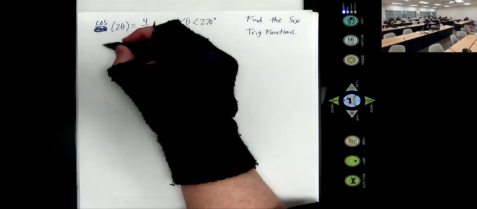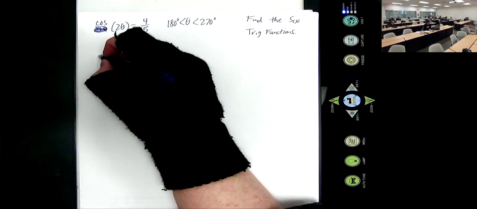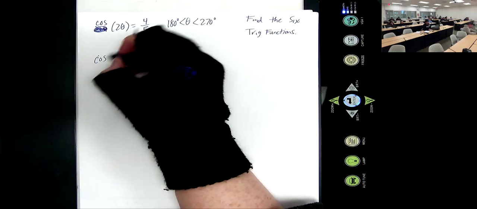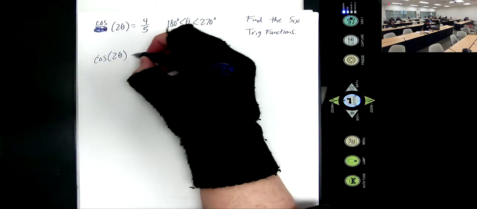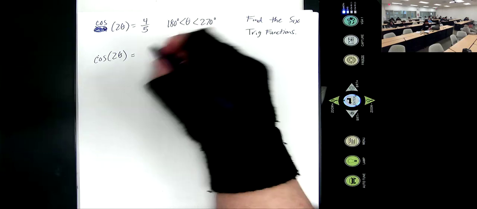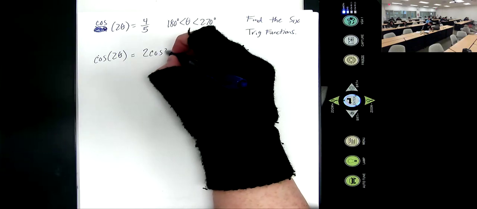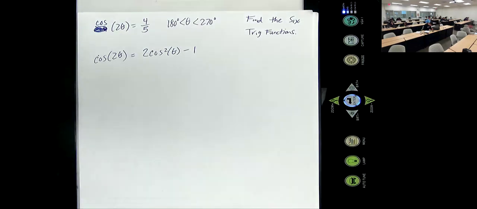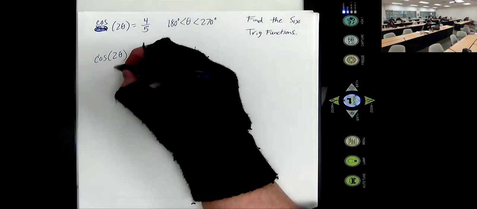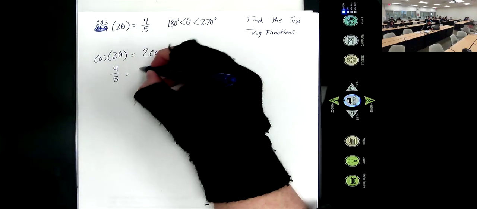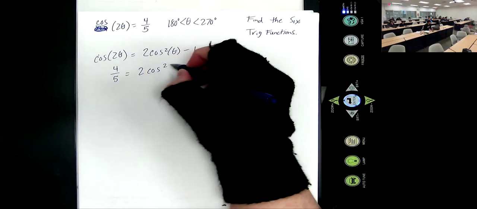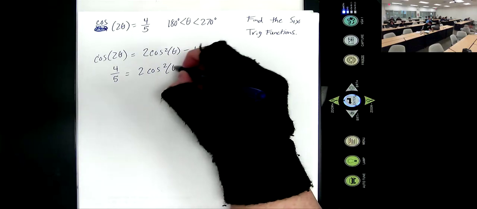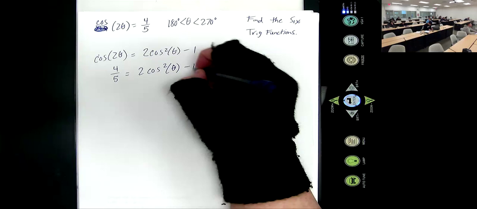So we can use one of the cosine double angle formulas. I'll pick this one to start with. We know what cosine 2 theta is, but we don't know what cosine theta is.